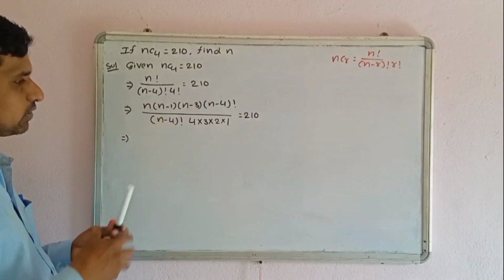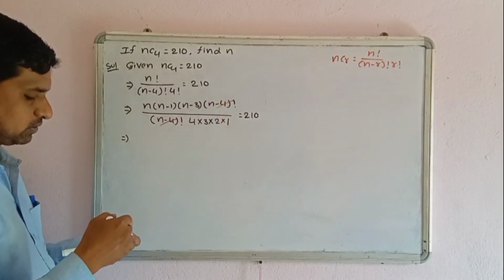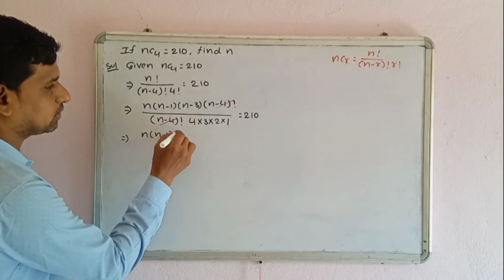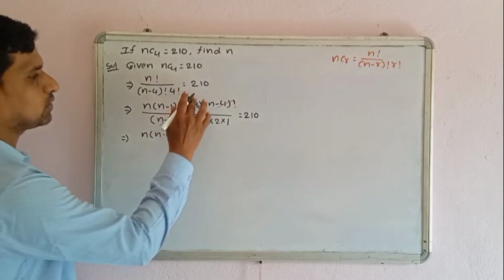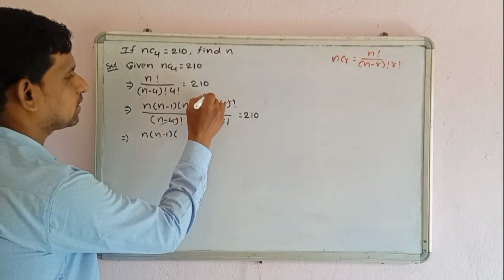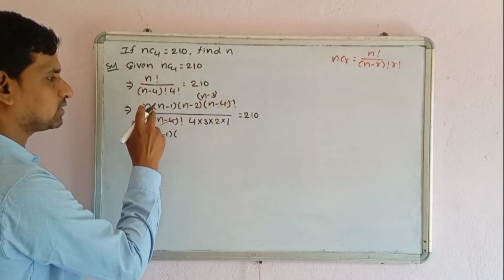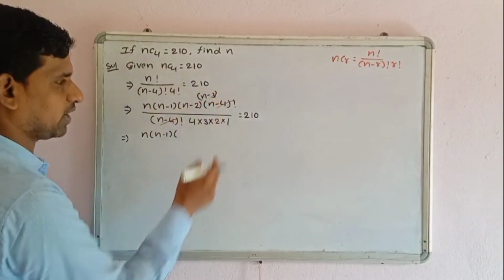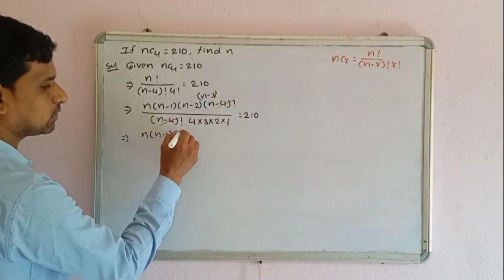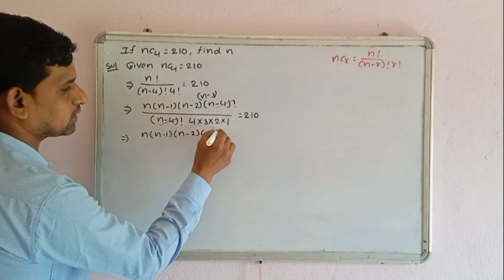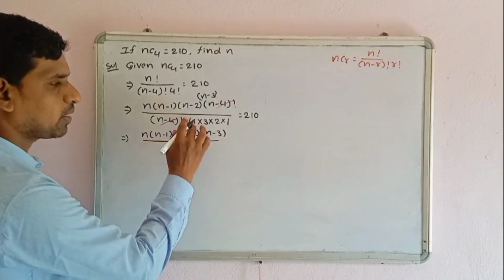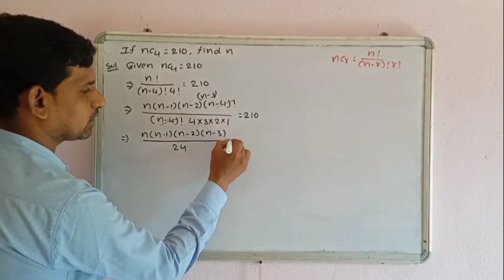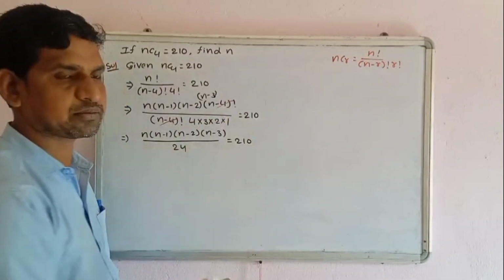Here (n minus 4) factorial gets cancelled.